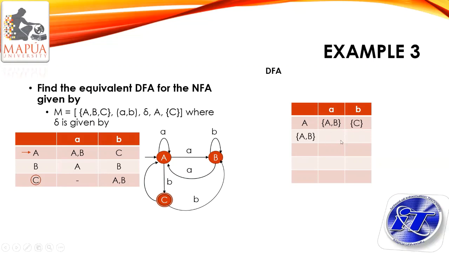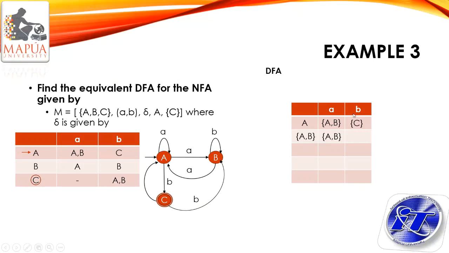And by the way, also in A, if it's A, it could go to B. So for A, go to AB, and for B, it will just go to B. So A, B, B means the path will be AB. And for AB, if A encounters B, it will go to C. If B encounters B, it will go to itself.